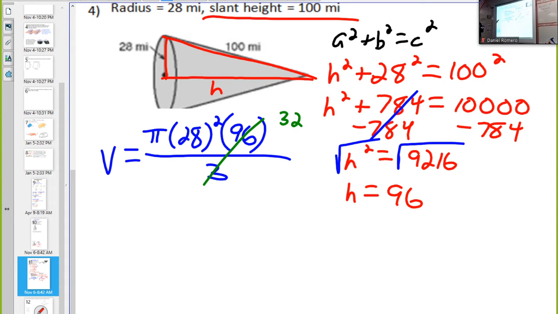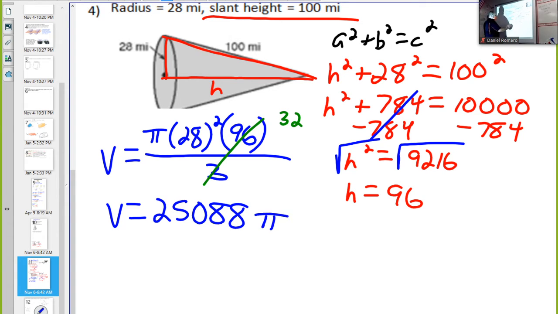So it's just going to be 784 times 32. So I'm getting that the volume is 25,088 pi. We'll write the directions on the top that say just leave it in terms of pi. Worst case, you want to use the calculator.